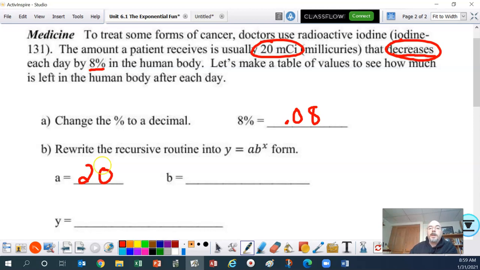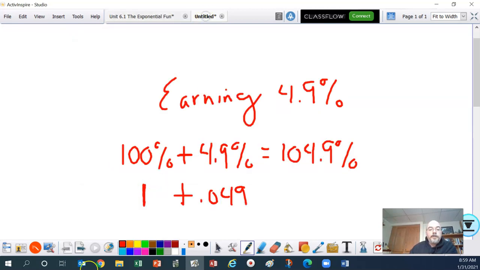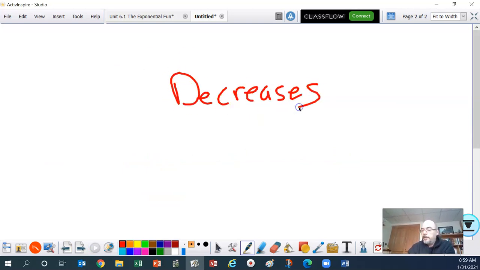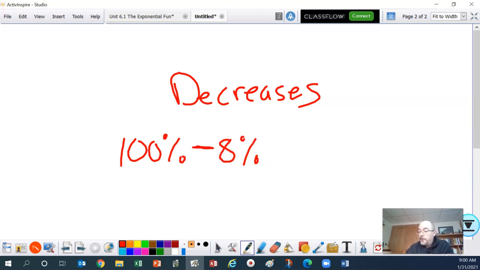millicuries of medicine. So we're going to put a 20 for A. That's our starting amount. Now, B: in this situation it decreases, right? So you're starting off with 100% of your medicine, and then it decreases, which means subtract, going down by 8%. If you do that, that's 92%, and the decimal for 92% is 0.92.